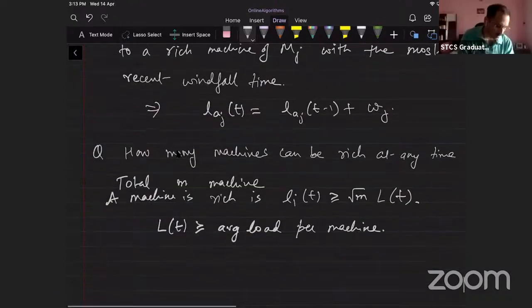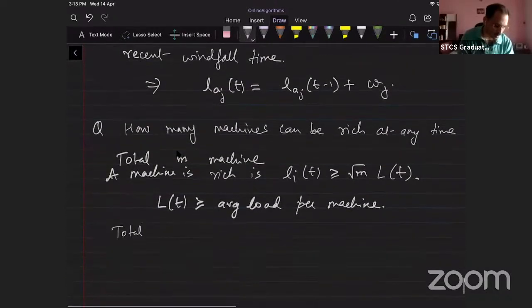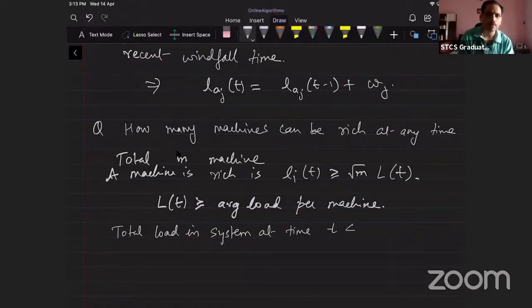And the reason for that is, what is the total load in the system at time t? By definition, it is at most M times L of t, since L of t is greater than or equal to the average load.